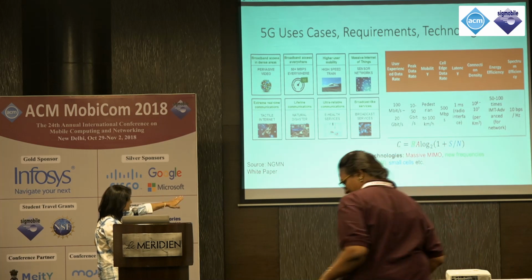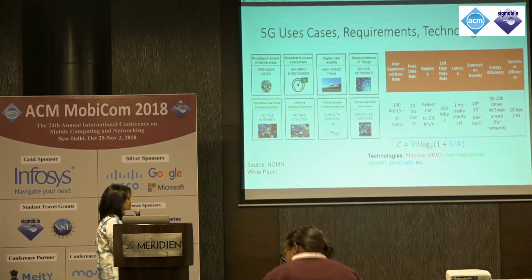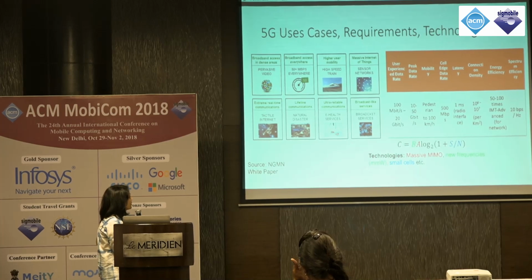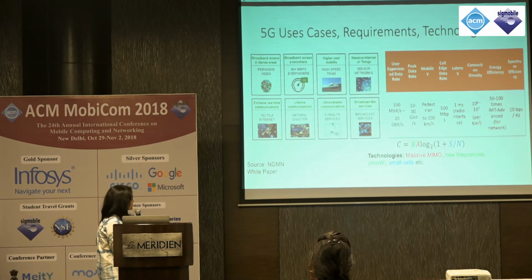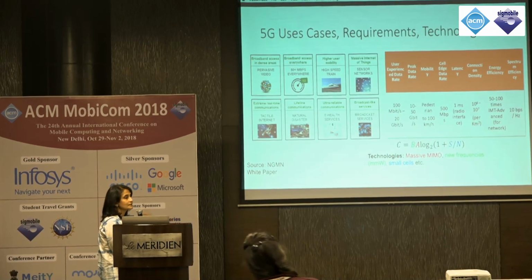So if you look at the standard Shannon capacity equation down there, capacity is a function of bandwidth B, A the number of antennas, and signal to noise ratio. So you really have only 3 parameters that you can play with to increase your per link throughput.